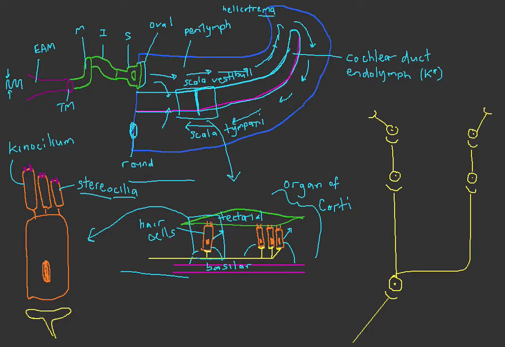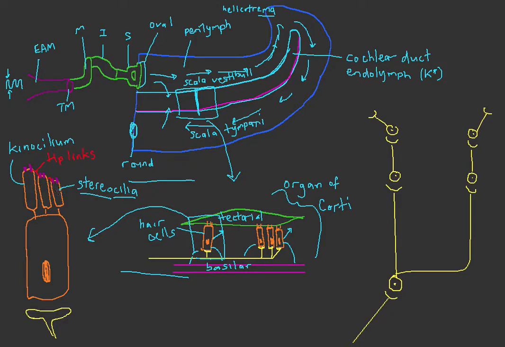And there are these little strings attaching the stereocilia called tip links. So they just link the tips of the stereocilia together. And those will either be stretched or relaxed depending on the direction of the stereocilia.